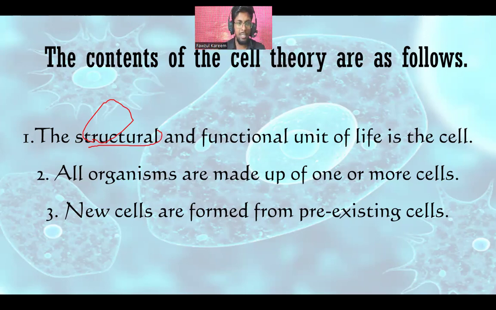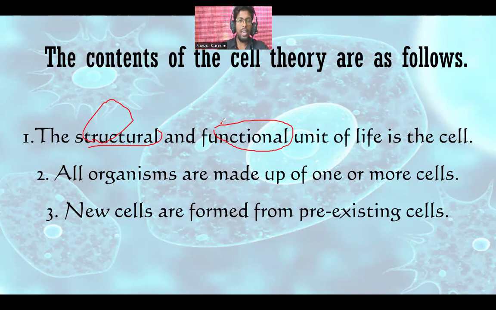Then what is a functional unit? For example, if you take a company, all the employees will work together. If any employee is absent, the work will not happen there. It's the same in our body: all the cells are working together.